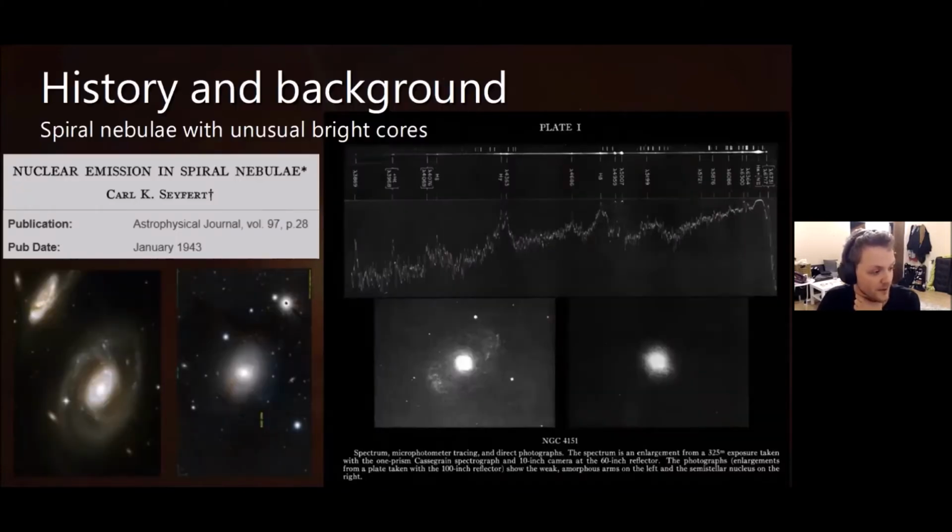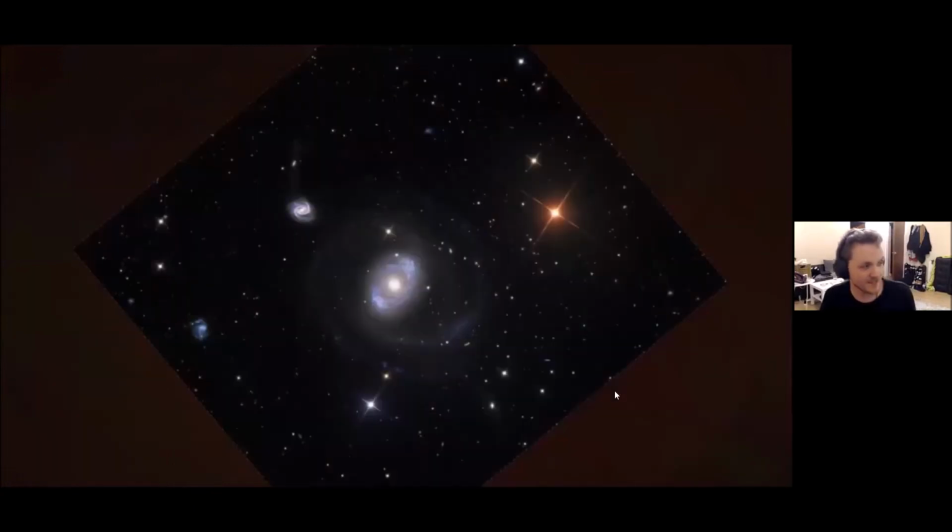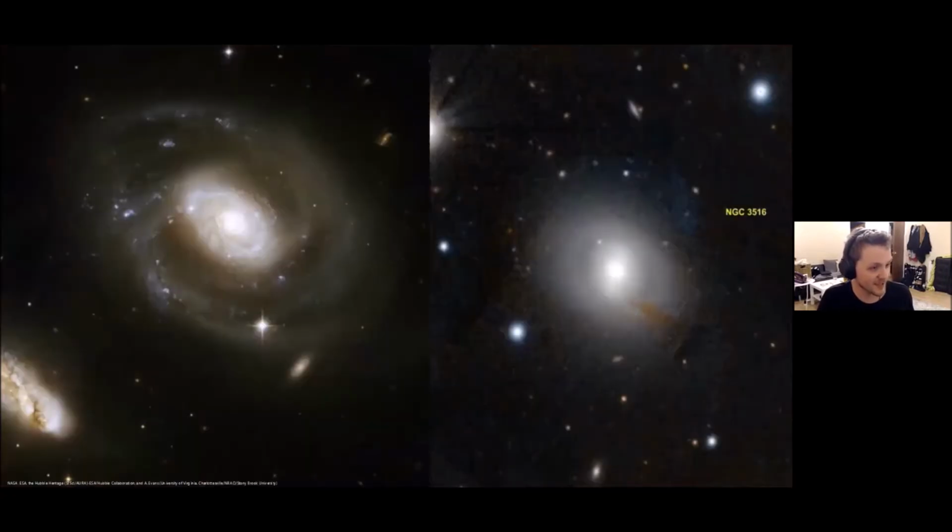If you look at the spectrum here, you can see these two pictures of NGC 4151. Today, the pictures we have are vastly superior, so certainly things have improved since then. And these are two other galaxies with unusually bright core regions, or nuclei.